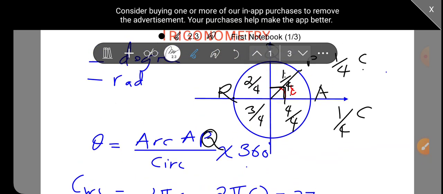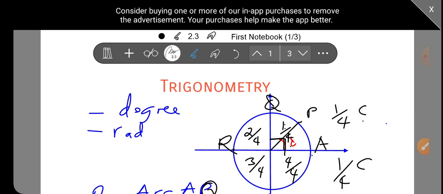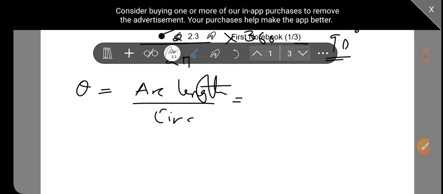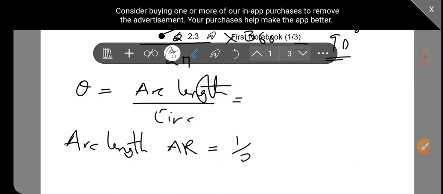Because it's a fraction, 1/4 is a section out of 4 sections. So this arc length is the same as 2 over 4 of the entire circumference. We want to find the arc length AR. That is the same as 2/4, which is just half of the entire circumference, which is 2 pi.